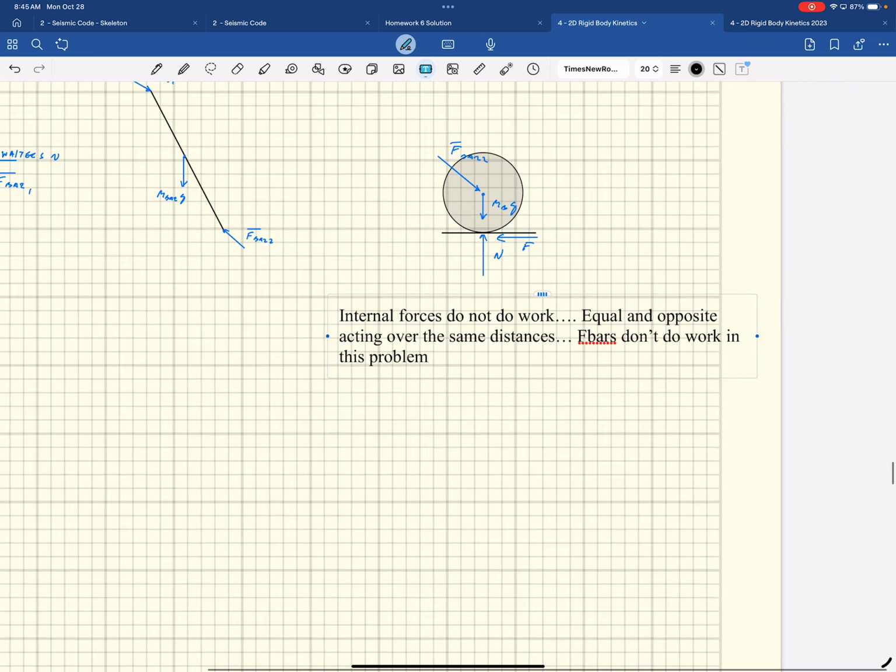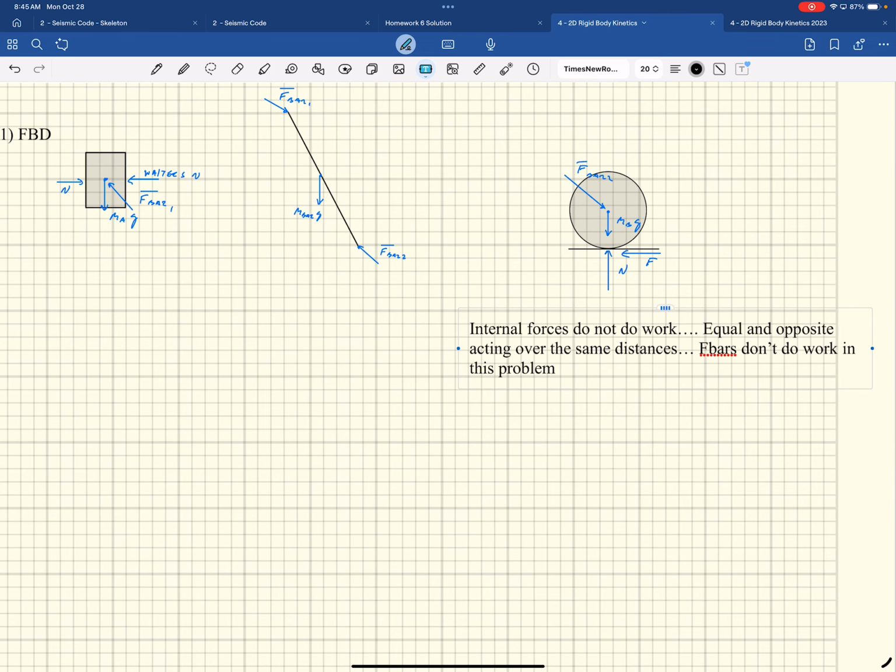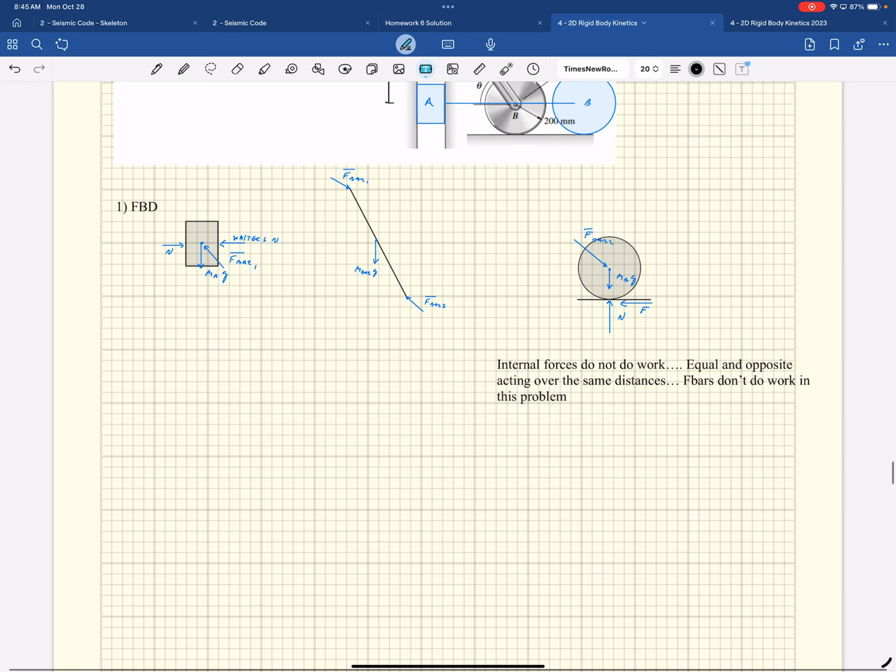Makes sense to everybody, right? They're internal to the system. They do work, but they cancel each other out. It's all encompassed by the whole thing. Okay, write down the energy equation.